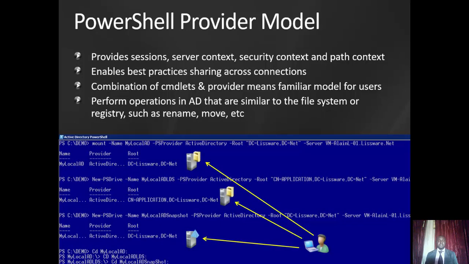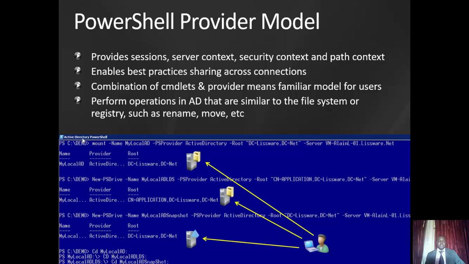The PowerShell provider model includes the provider session, the server context, the security context and path context, and also enables best practice sharing across the connection. The combination of these cmdlets and the provider means a familiar model for users, and they perform operations in Active Directory that are similar to the file system or registry, such as rename, remove, etc. And here we have a little view of the Active Directory PowerShell.